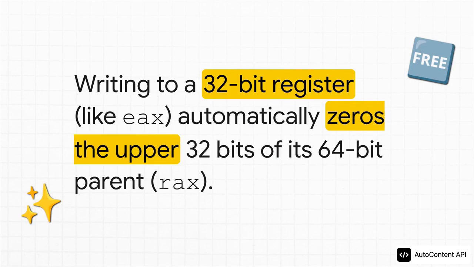The folks who designed the x86-64 architecture put in a special rule. Anytime you write to a 32-bit register, the hardware automatically fills the top half of the full 64-bit register with zeros, for free. So by using the smaller, faster zero-cycle XOR EAX EAX, you get the entire 64-bit register zeroed out. It is quite literally the perfect way to do it.